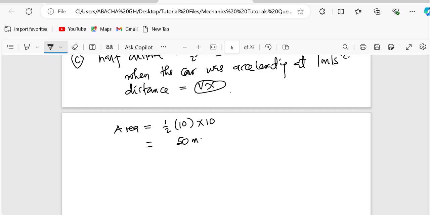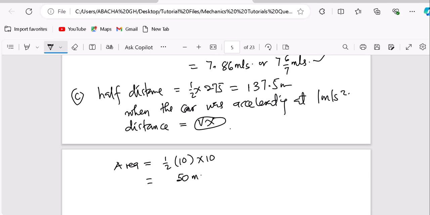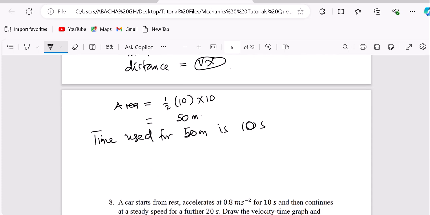But we needed a distance of half. Since the acceleration and the constant speed are not the same, we look at it separately. The time used for 50 meters is 10 seconds. Now we need to know the time used for the remaining part of the half distance.